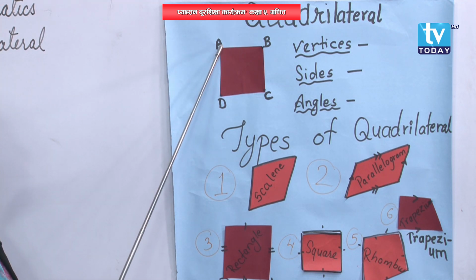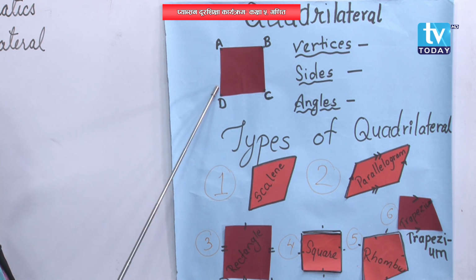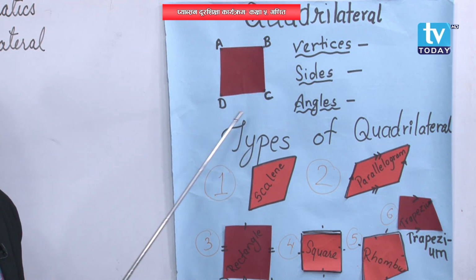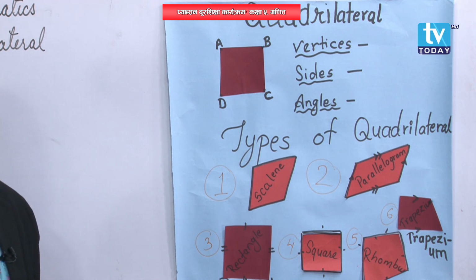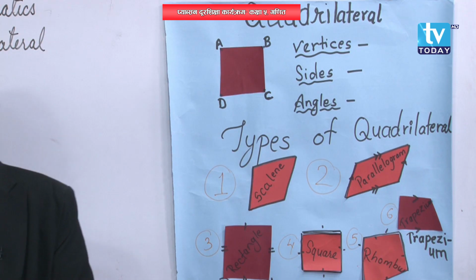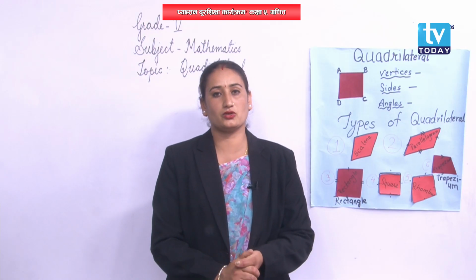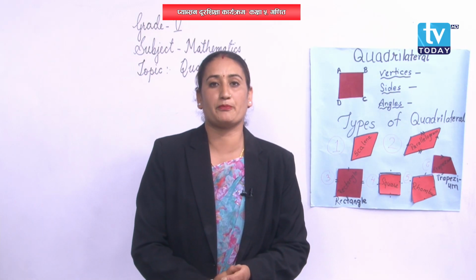Here there are 4 lines, 4 vertices and 4 angles. So students, we can call a quadrilateral a closed bounded plane figure.